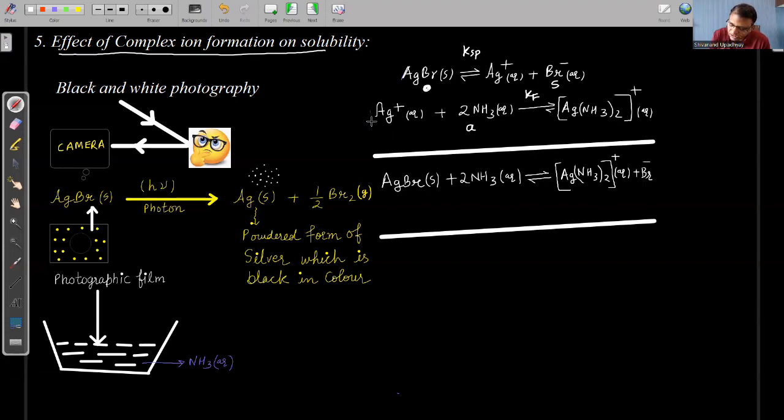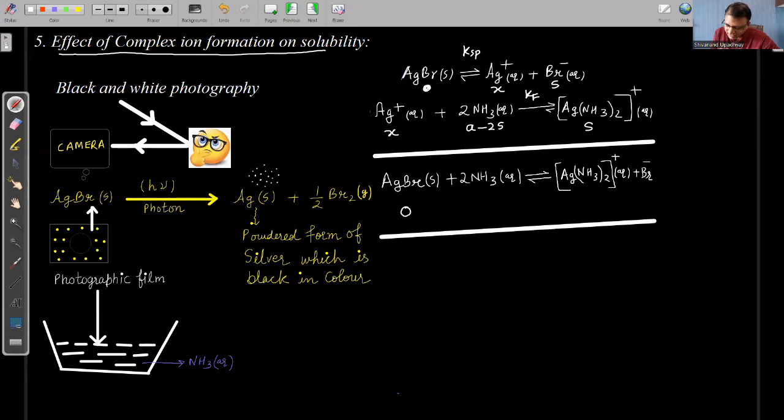So all the Ag plus is now existing in the form of this complex ion. So here it is S, and here it will be A minus 2 times S. And the equilibrium will establish from the backward direction. So here we should write S minus x, plus 2x, x neglected. So here this is x and this is x. So this is the net equilibrium concentration of all the chemical species in this equilibrium.